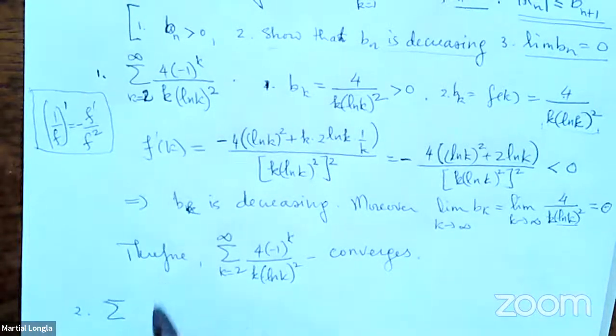The other question is about the number of terms to estimate the remainder.